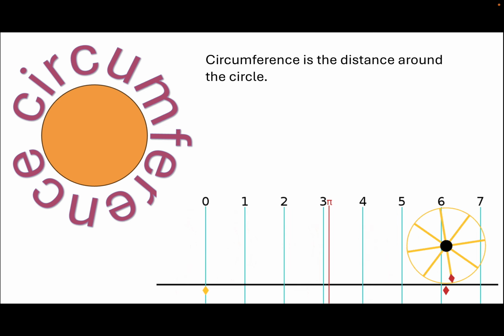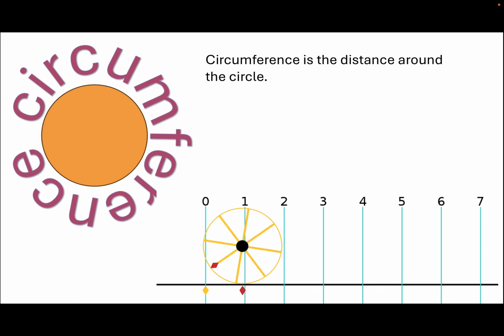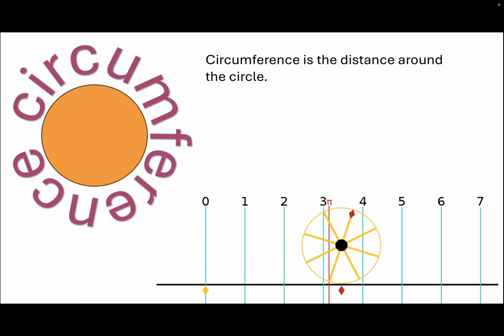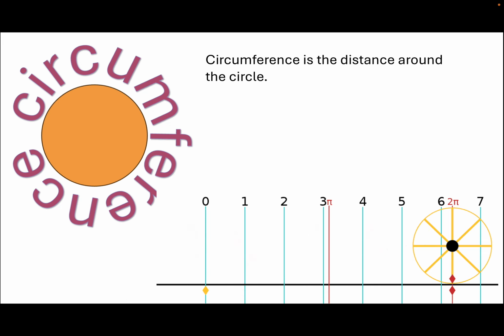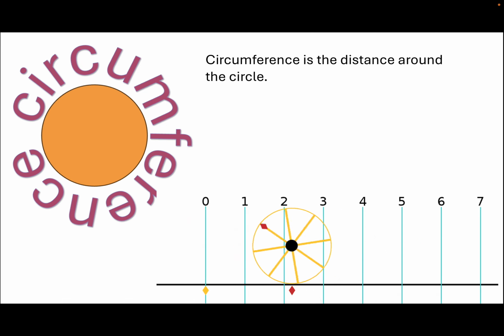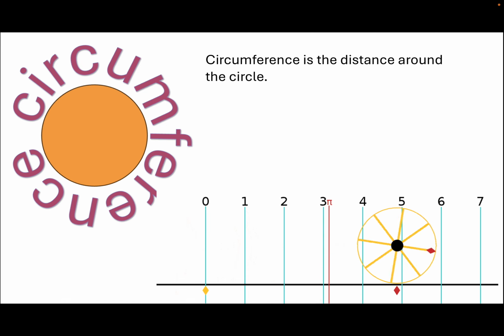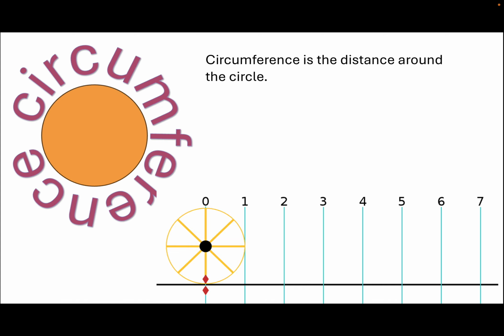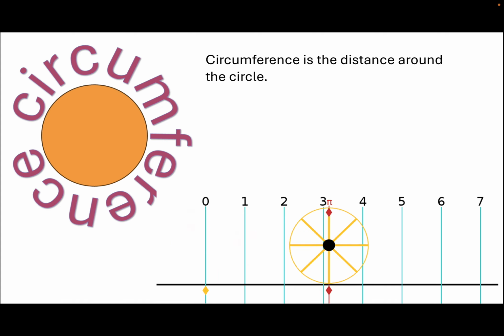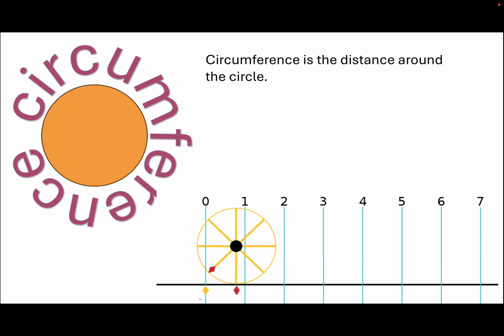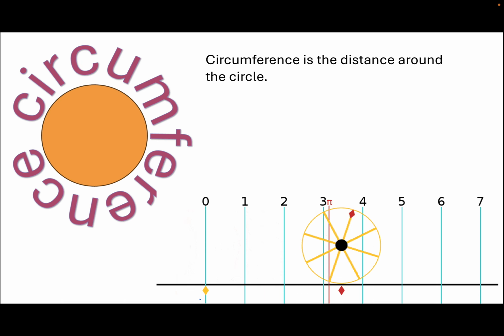When we're trying to calculate the circumference, hopefully we realize that if we take a circle that has a radius of 1 or a diameter of 2, it takes 6.28 to unwrap that circle around that number line. So 6.28 is the number 2 pi. So if we're unwrapping it, 2 times pi is the circumference of a circle.